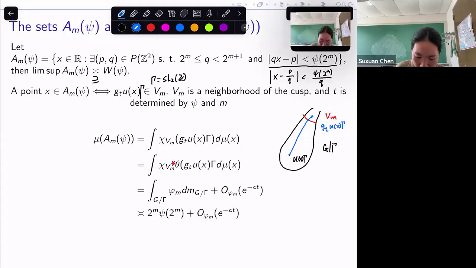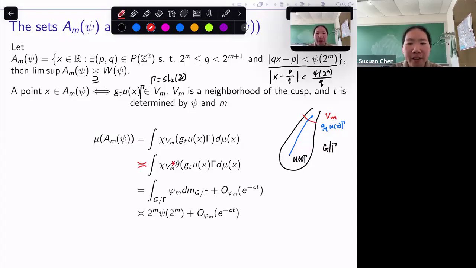Okay, and then for the second one, they are equal up to a constant. Now we convolve chi_m with a smooth function to get a smooth function. And the variable remains the same, and we still have this expression.